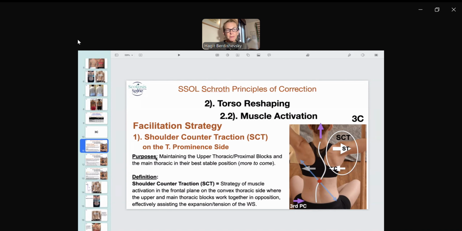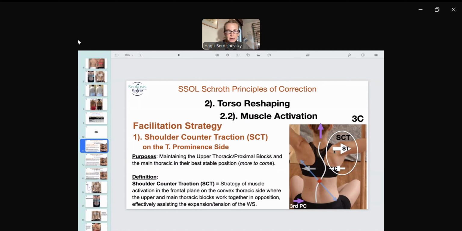And just for the explanation, the purpose, and this is important, the purpose of the shoulder counter traction on the thoracic prominent side is to maintain the upper thoracic, this region, the proximal block basically, and also the main thoracic, which I'll show in a moment, in their best stable position.